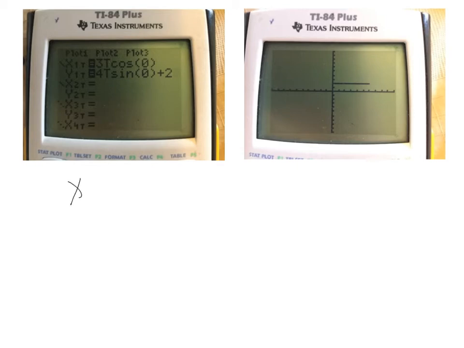Therefore, in essence, what you are graphing is x equaling 3t and y equaling 4t times 0, which is 0, plus 2, which is 2. This is going to give you another horizontal line. And when you look at your graph, you'll see that you have a horizontal line for t again going from 0 to 2, and y taking on the value of 2, and x taking on those values from 0 up to 6.